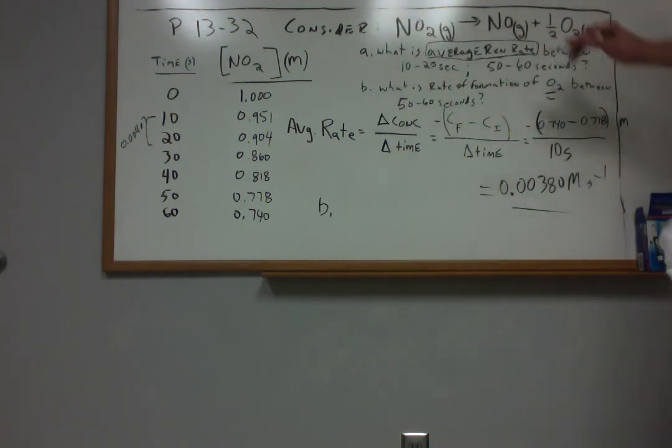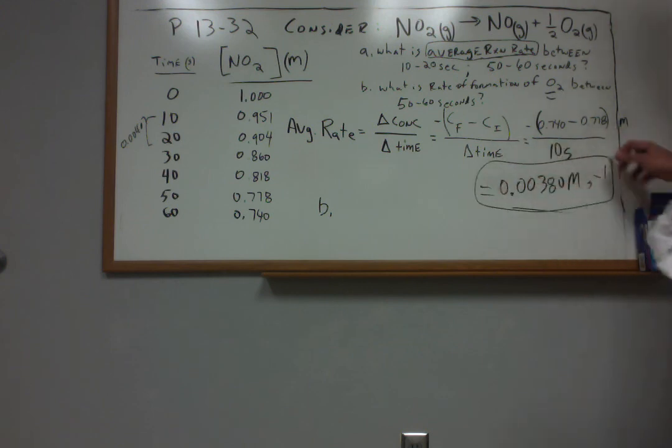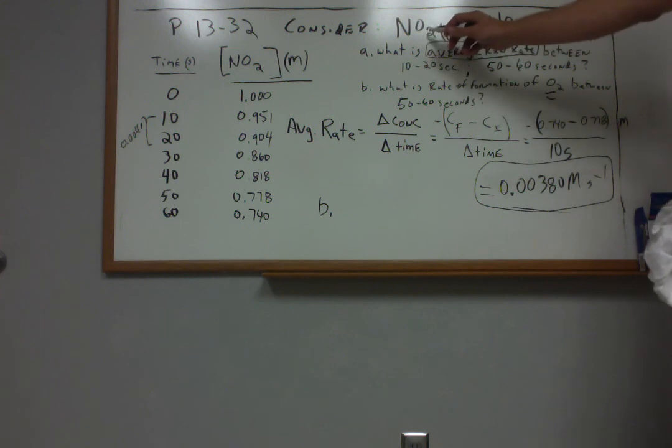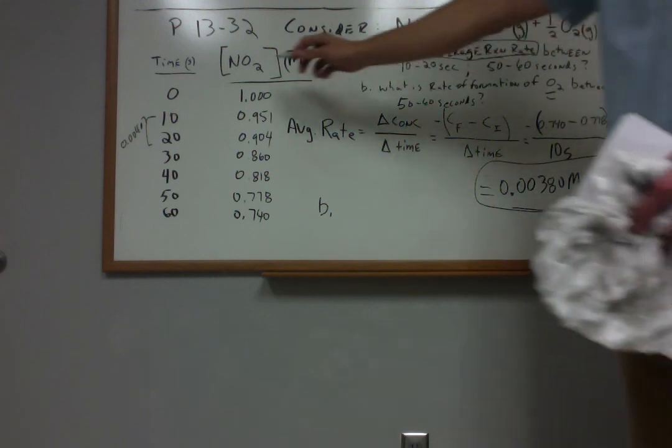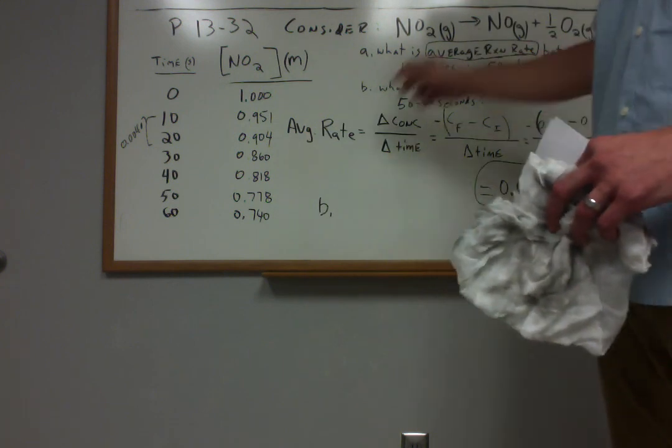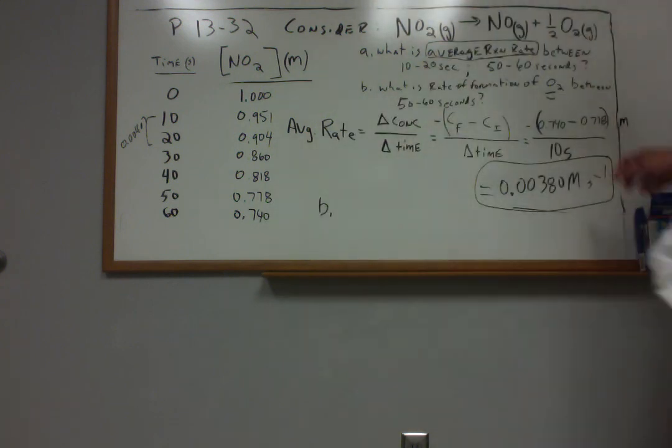Now, for part B, we want to know just the rate of formation of O2 between 50 and 60 seconds. We know the reaction rate between 50 and 60 seconds, because we solved for it. But what does that tell us? That's the rate at which this material decomposes. And that's our data plot. If we look over here, we're describing the concentration, or the molarity, of the NO2 over time, and we computed the rate of change of that concentration.